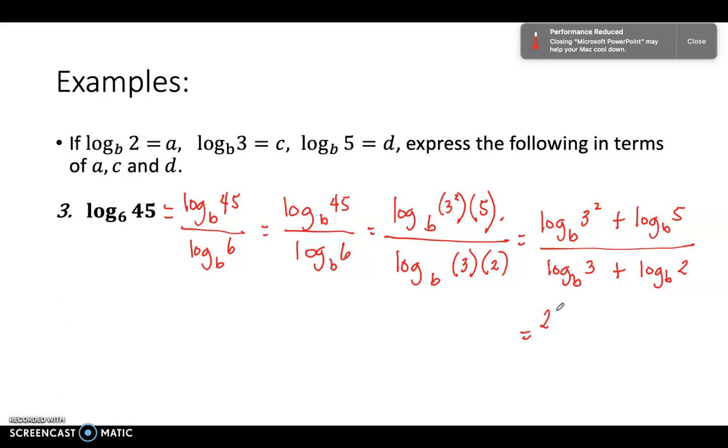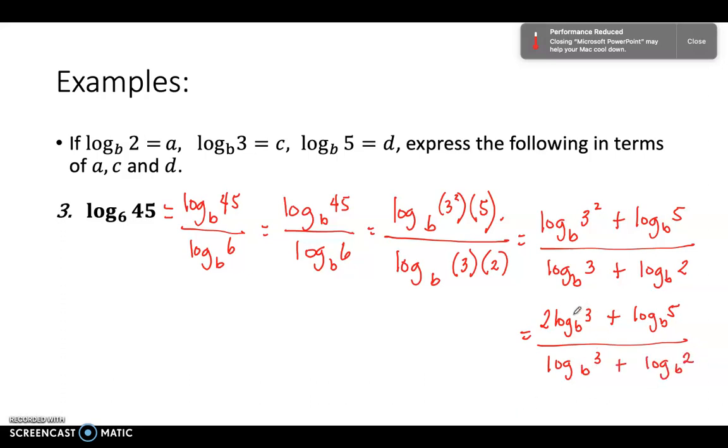So this is 2 logarithm of 3 base B plus logarithm of 5 base B over logarithm of 3 base B plus logarithm of 2 base B.